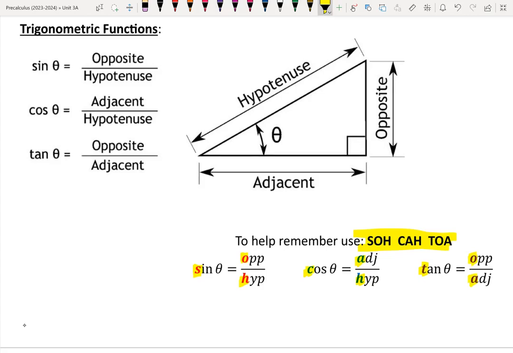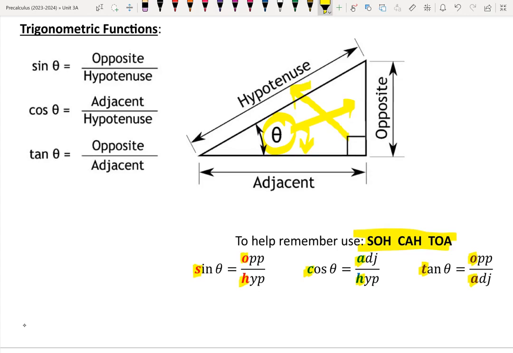And that comes straight from our right triangle again. All this with right triangles. So when we do our trig ratio, we have our angle that we're going to be looking at. It's going to be based on the location of the angle. Across from that angle is going to be the opposite side. Next to that angle is going to be our adjacent side. And then across from the right angle is always the hypotenuse.